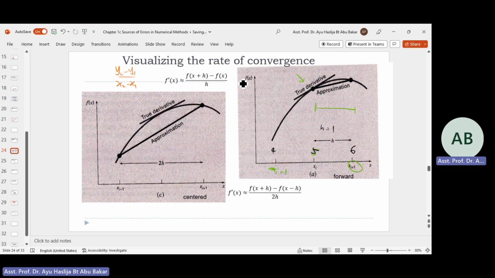So moving backward from the true derivative, with the same h as well, this one is x i minus 1.